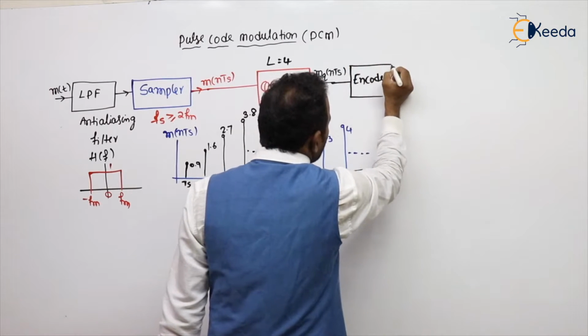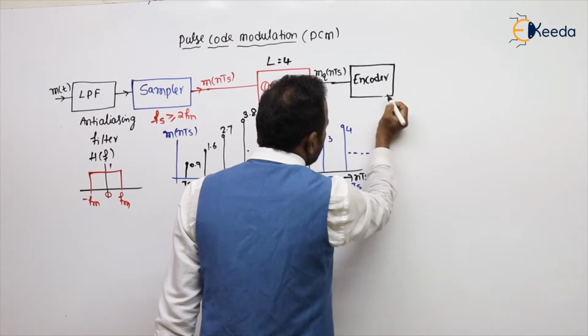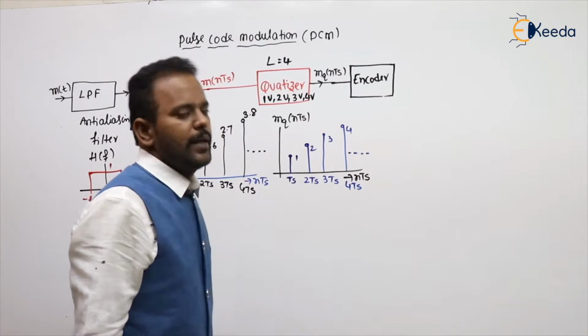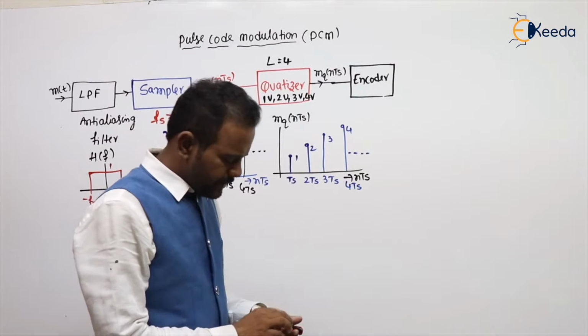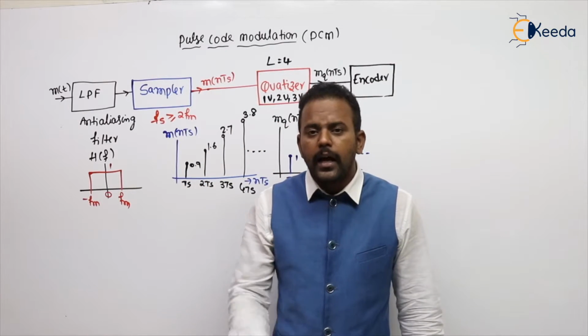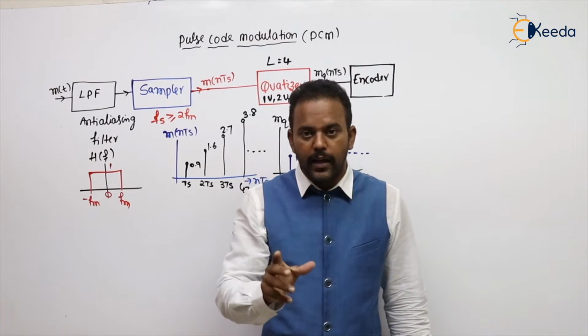Actually, quantizer and encoder will be on a same circuit itself, but as a block diagram I am writing separately. Encoder. What is the encoder?